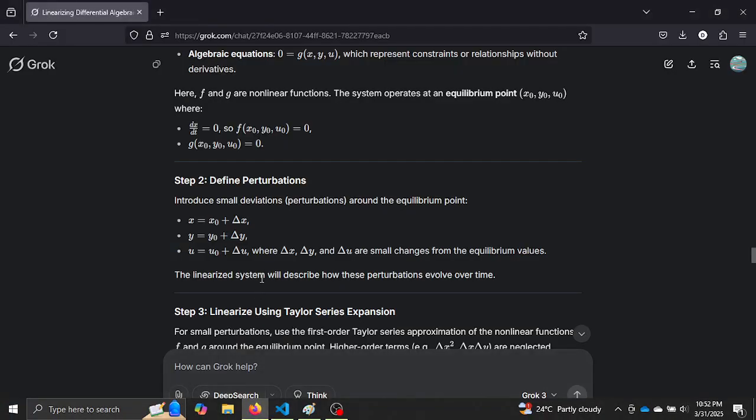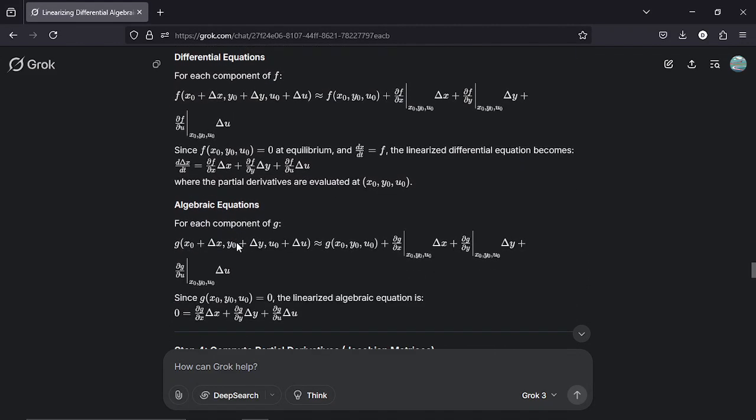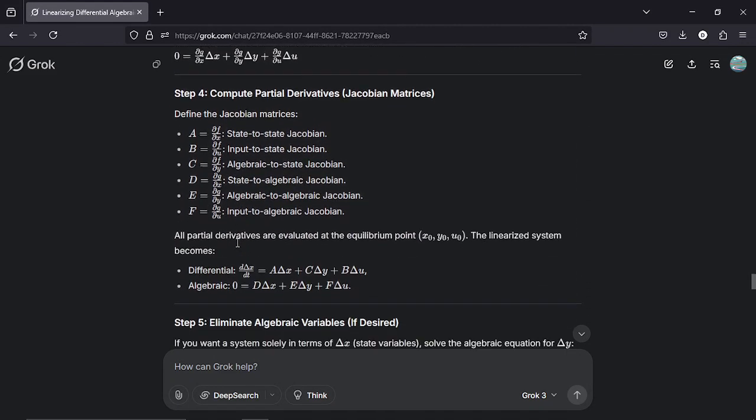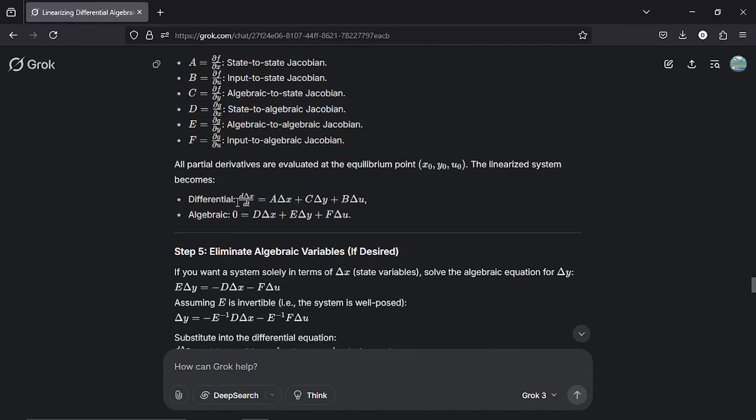And after applying some perturbation, we do some Taylor expansion and calculate the Jacobian. After developing the Jacobian for the individual sets of differential and algebraic equations, we obtain the partial differentiation, and we obtain the small signal model, or the linear model.